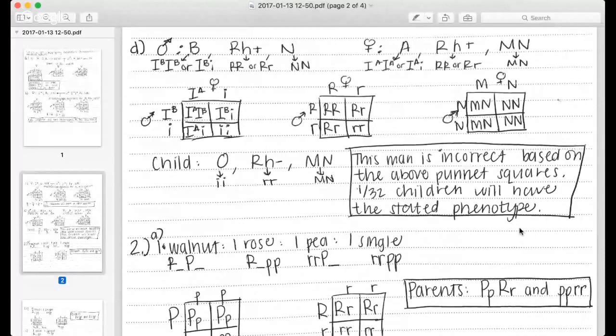If it is possible, and there's Rs that are positive and r small, and there's a chance for NN with an MN. So I put he's not correct in that it's very unlikely. He could still be the father. Yeah, so he thinks it probably won't happen, which is true. 1 out of 32.